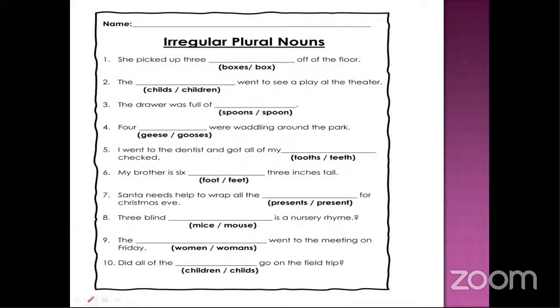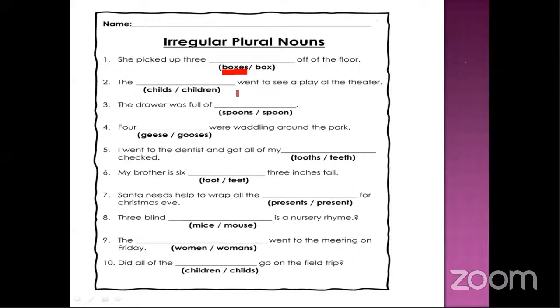Yes, the first correct answer is boxes. Good. Very good. Second one, the blank went to see a play at the theater.